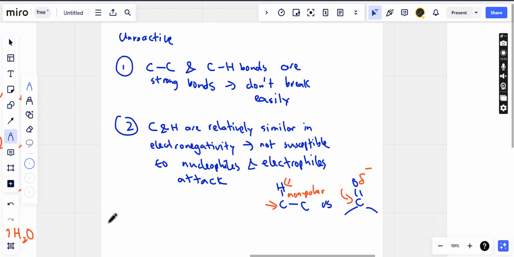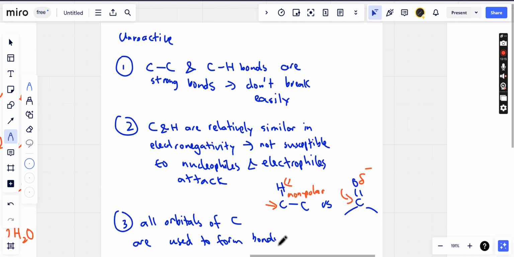And the third reason is that all orbitals of carbons are used to form bonds in alkanes.